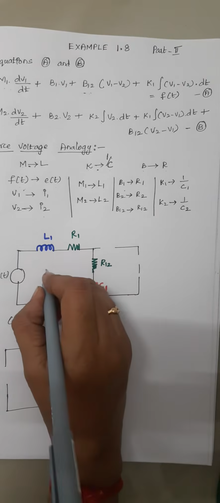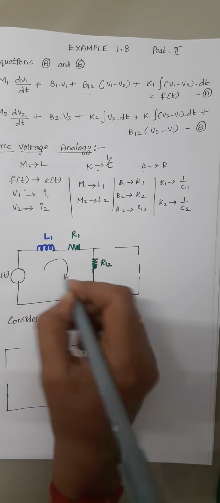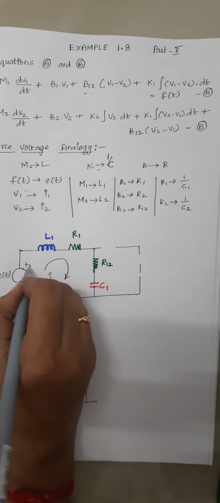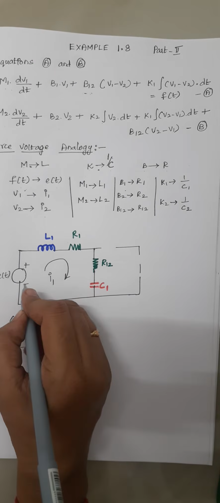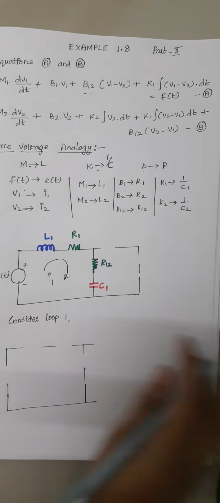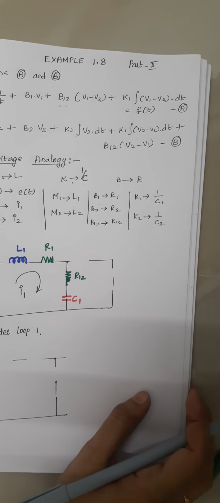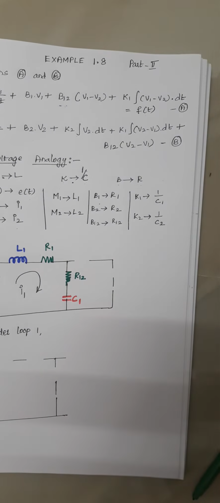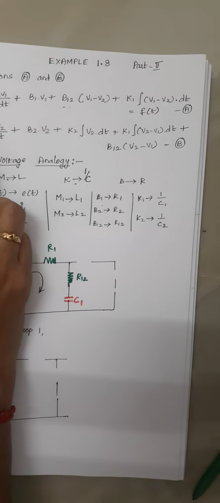In the first loop we have a flow of current that is represented as I1. Again this voltage source is represented as plus minus, and current always flows from minus to plus. Right. And now we are going to draw our second loop. While considering the second loop, again we have M2 here.